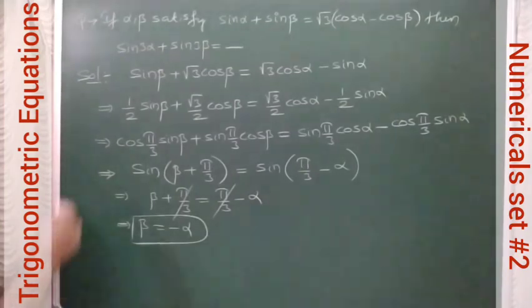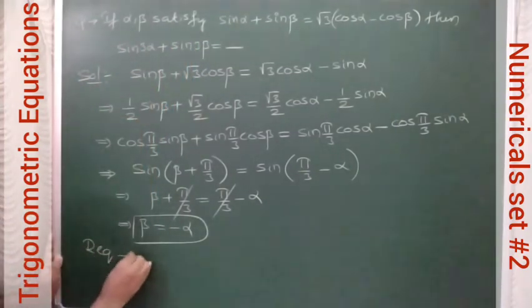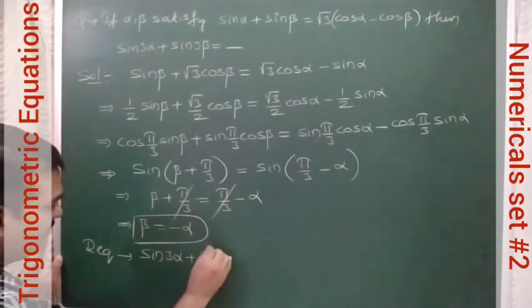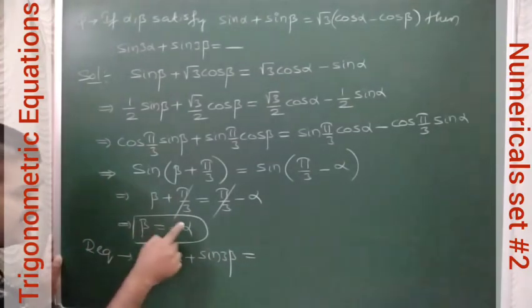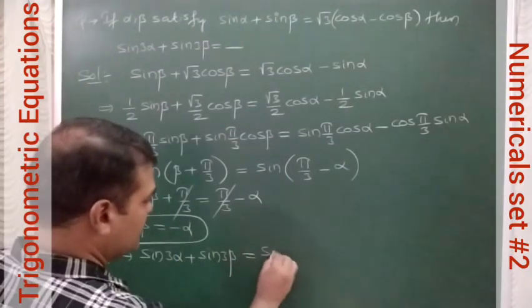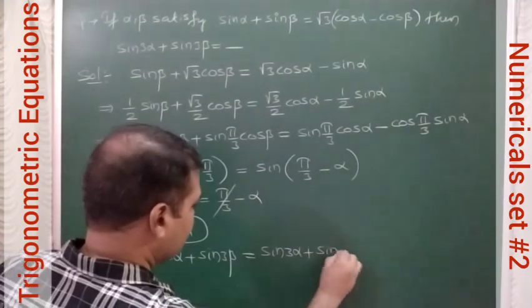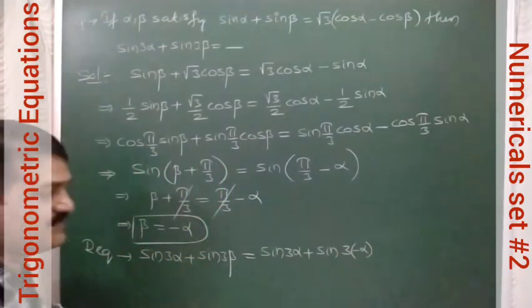What is the question? This part. So the required part is sin 3 alpha plus sin 3 beta. Beta can be written as minus alpha. So sin 3 alpha plus sin 3 beta can be written with beta as minus alpha.